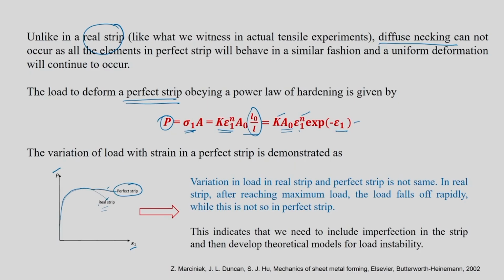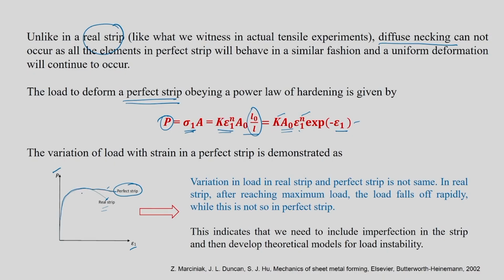The main difference is that in a real strip the load falls off pretty rapidly when compared to the perfect strip. Why? Because the load is not going to come down so easily in a perfect strip because the material is perfect without any defects, but in a real strip there are going to be defects quite naturally, and hence different locations will undergo different levels of strain.